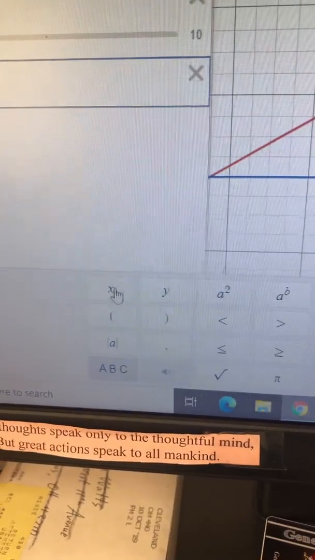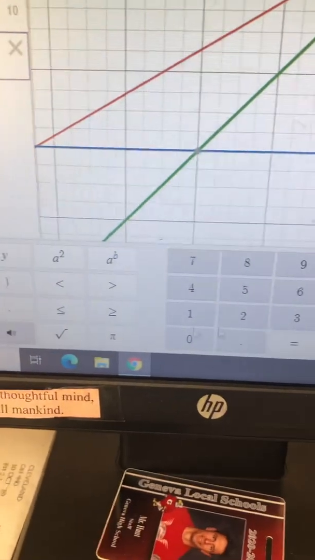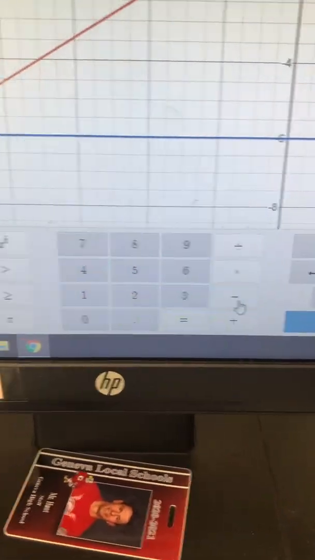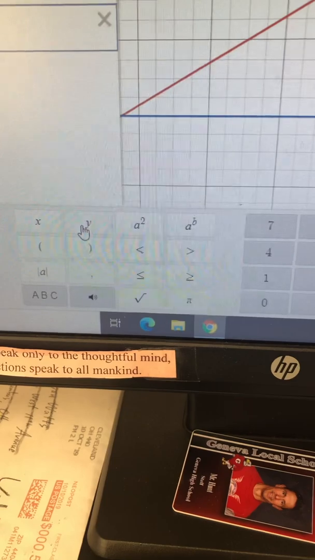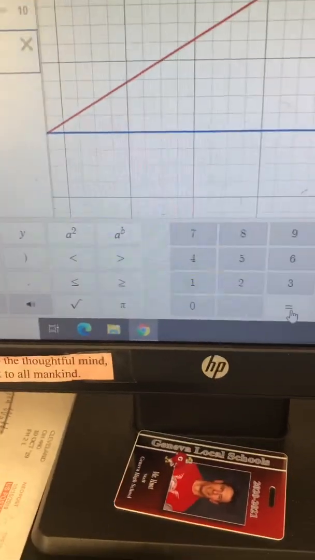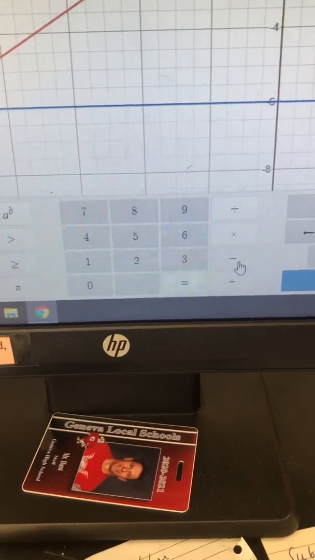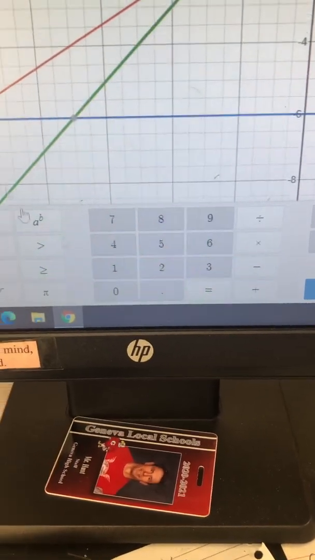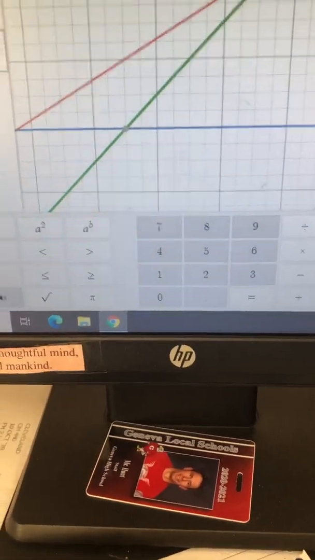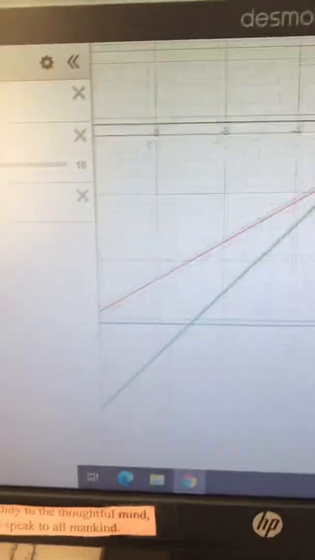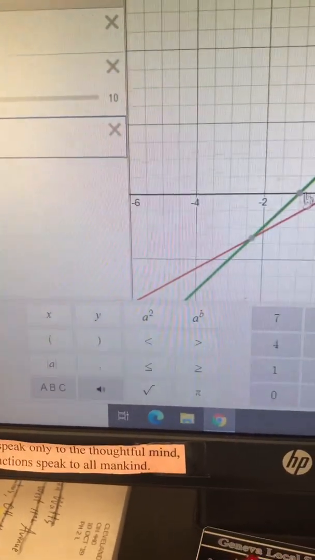I have x minus y equals, and what was it? It was negative 1. Okay, and so this one's going to be in green. So look at my intercepts.